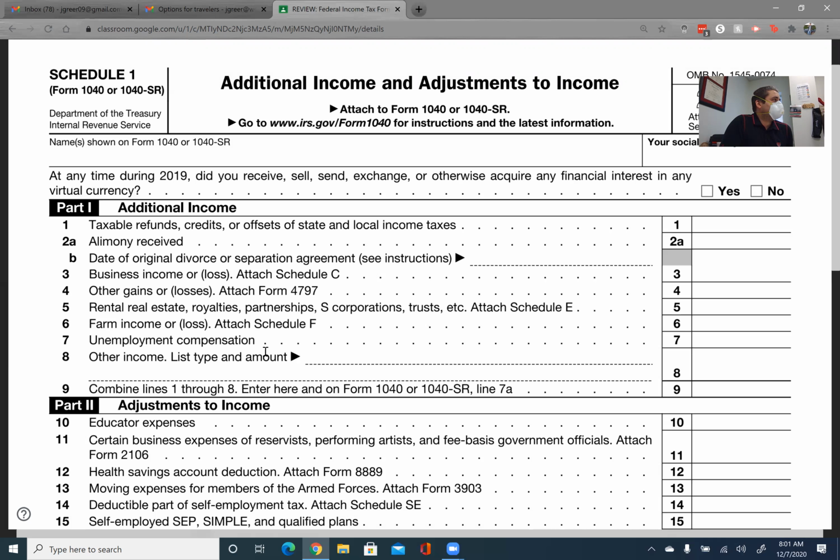Well, no, we're not worried about taxable refunds and credits. What's the only thing we talked about on this part? Just alimony. So if the fact pattern does not include any alimony, do you have to worry about part 1? If it does not include any alimony, no. If it doesn't include any alimony, just kind of ignore part 1.